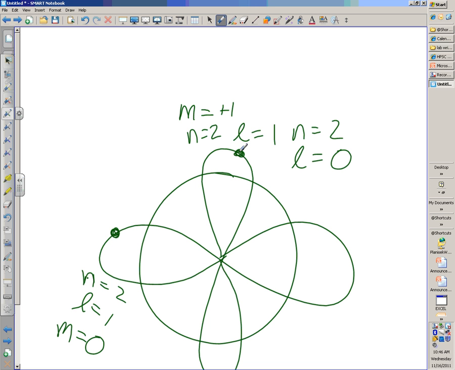But they have to have different m values, because they don't live in the same house. It doesn't matter whether I call this one +1 and this one 0, or this one 0 and this one +1, or this one -1 and this one +1, or this one 0 and this one -1, as long as they're different.